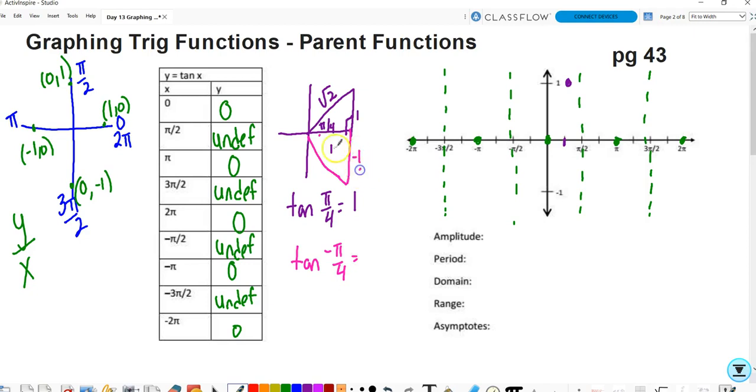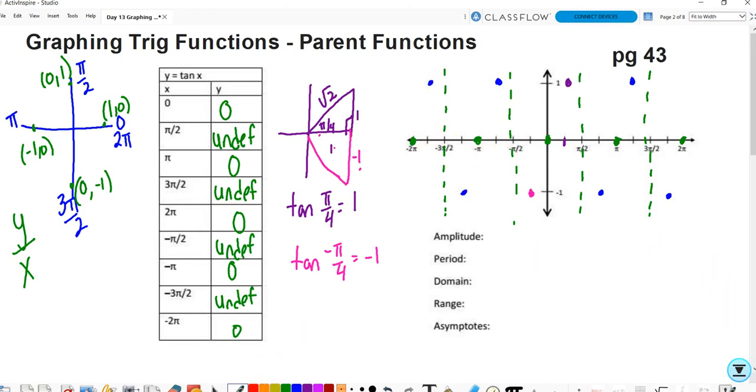That's going to be this y over x, so that's negative 1. And so if we take that pattern and continue it on, to the right of the x-intercept is at positive 1, to the left of the x-intercept is at negative 1, and so on, one more.